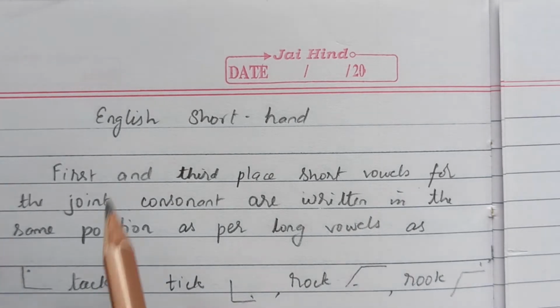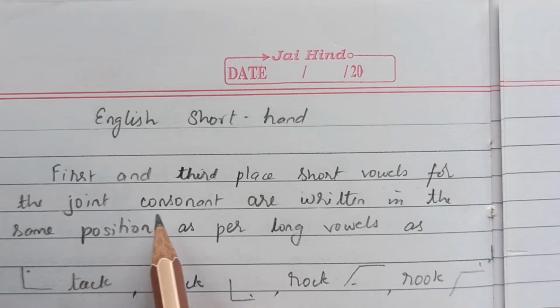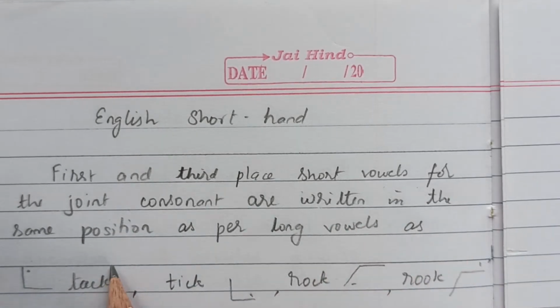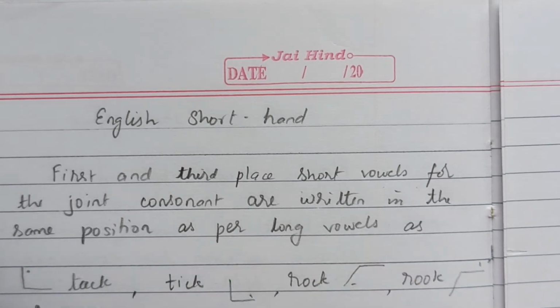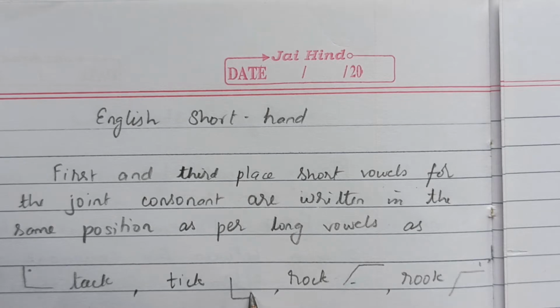Here, for the first and third place, short vowels for the joint consonant are written in the same position as that of long vowels. As the first place, same here, and the consonant above the line. The third place, same as long vowels, before the second consonant, and the consonant is written through the line.